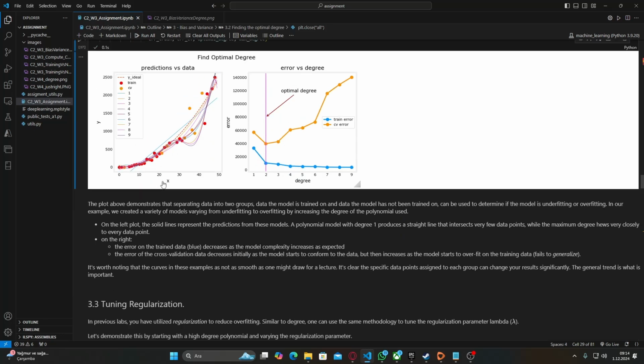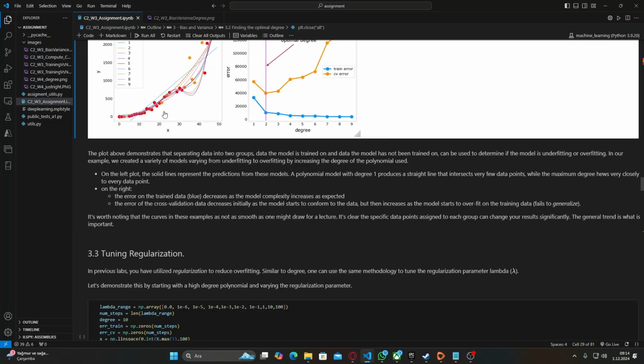If we just increase the polynomial, it becomes more overfit. On the left plot, the solid lines represent the predictions from the models, as I said. A polynomial model with degree 1 produces a straight line that intersects very few data points, while the maximum degree is very close to every data point.